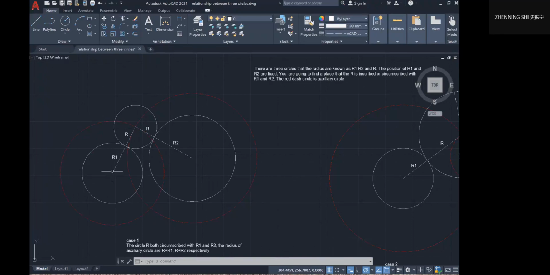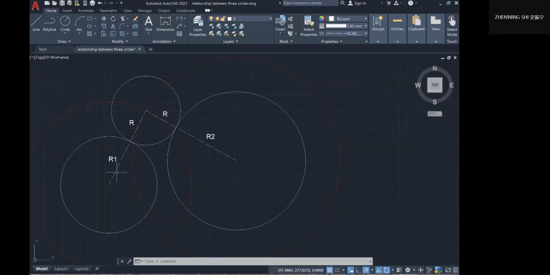The radii of R1 and R are given to us, and if you want R circumscribed with R1, the radius of the first auxiliary circle is R1 plus R, because this part is R1 and this part is R. If they are circumscribed, the auxiliary line is R1 plus R. I hope that you can understand.